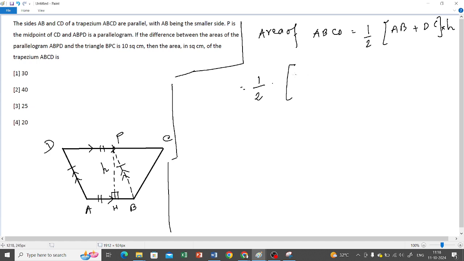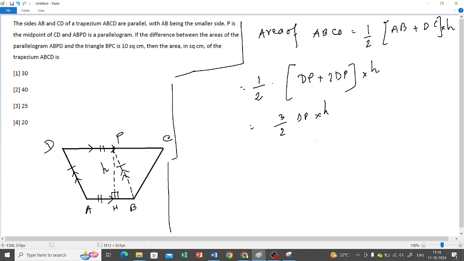So AB can be written as DP and DC can be written as 2DP, yes or no? And height is as it is. So 3 by 2 DP into h.